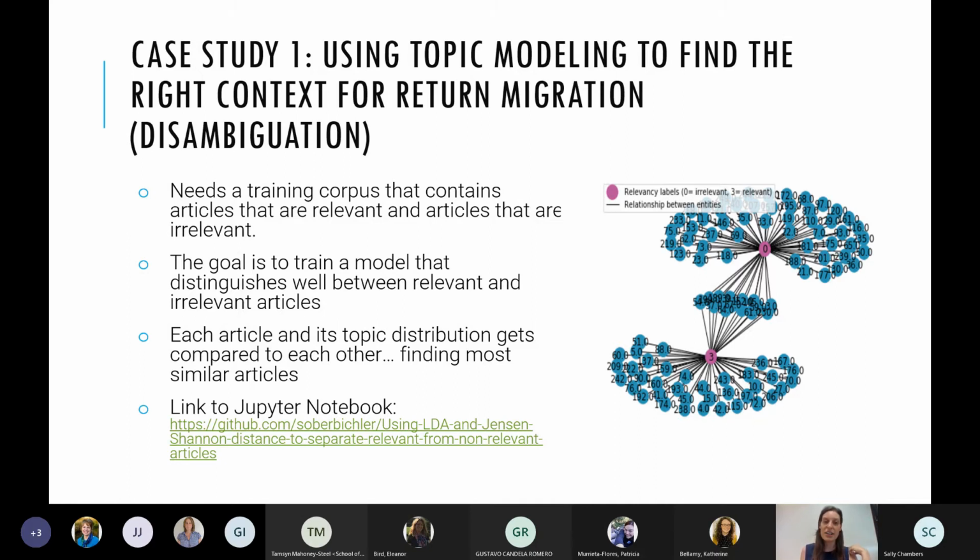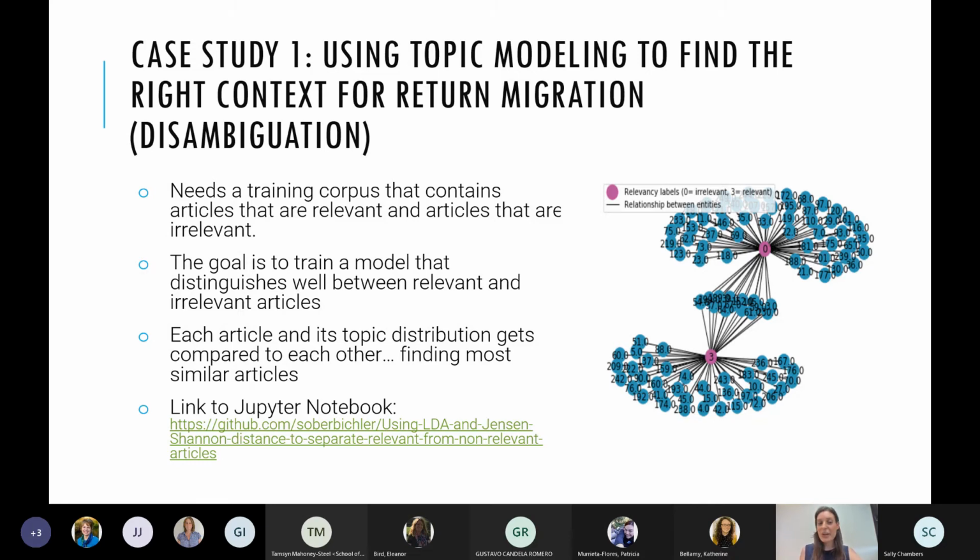non-relevant. As you can see here, there are quite a lot of topics that are only related to non-relevant articles and others that are only related to relevant ones. Some, of course, are overlapping, but the goal is to have as little overlap as possible. So there are topics that are clearly connected to the relevant and some to the non-relevant.